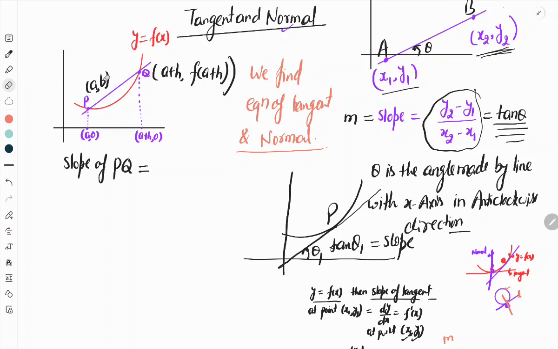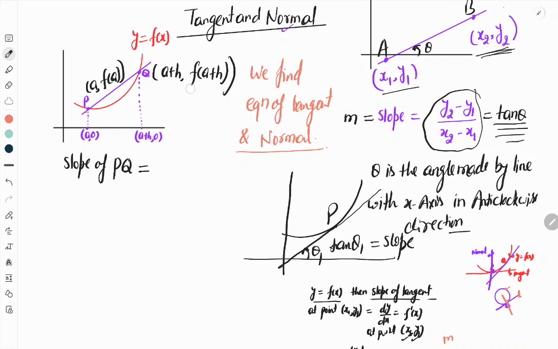Similarly, B I am writing as f(A). So at the point (A, f(A)), if x is x1, then y will be y1 equal to f(x1). Now, I am saying the slope of PQ will be what?